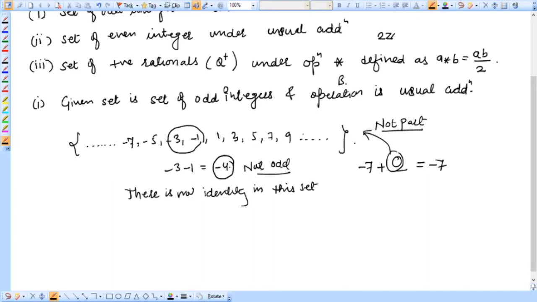So you can write it this way. Solution: first property, closure property.